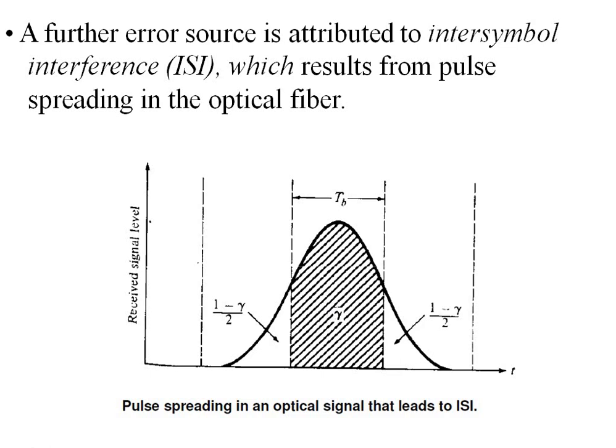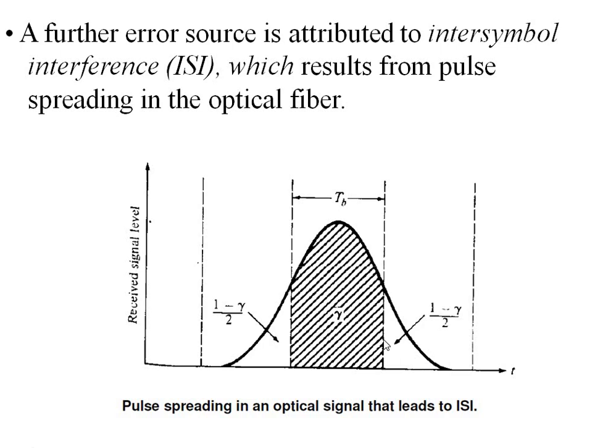However, because of pulse spreading induced by the fiber, some of the transmitted energy will progressively spread into neighboring time slots as the pulse propagates along the fiber. The presence of this energy in adjacent time slots results in an interfering symbol, hence the term intersymbol interference.